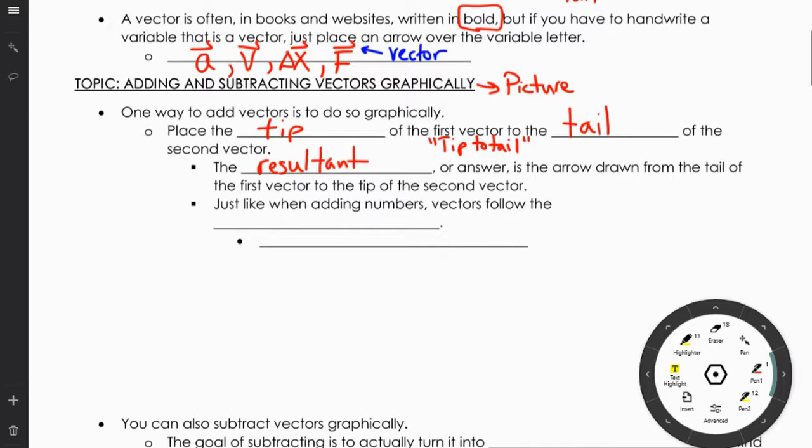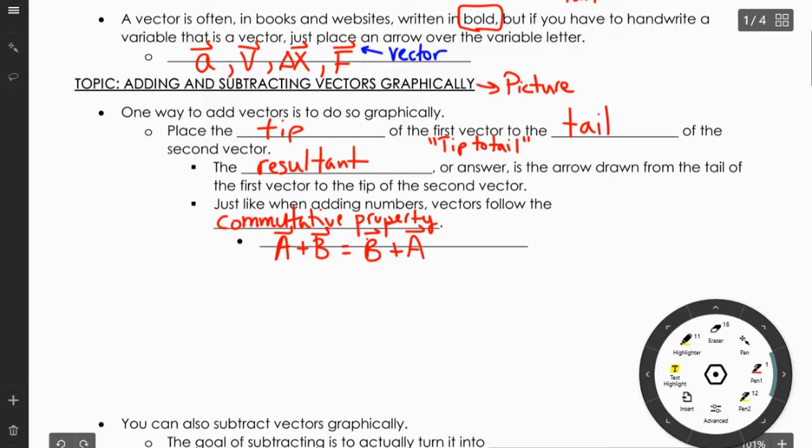Okay, so just like when you're adding numbers, vectors follow the commutative property, which means order doesn't matter, right? So if I'm adding vector A to vector B, I will get the same answer if I add vector B to vector A. So if I do that as a picture, here's A. Oh, I wrote a B instead of actually drawing vector B. Right?